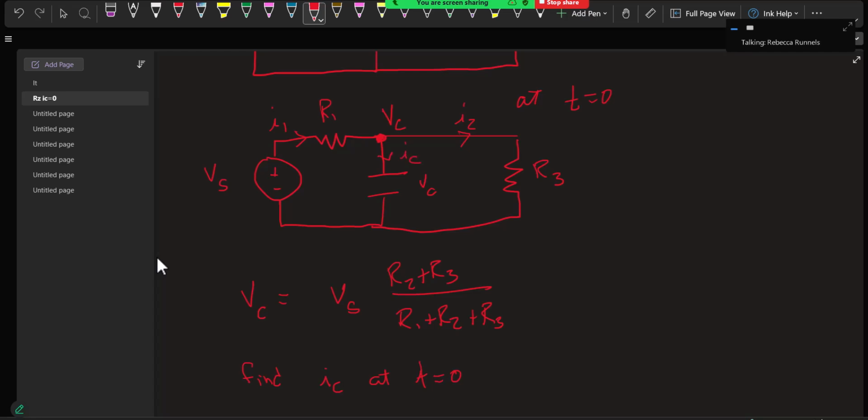Could I find I1? In general, whenever you're looking for a current, if you have a resistor and you have the voltage on either side of that resistor, then the current is going to equal VA minus VB over R. And so the current across R1 would be VS minus VC over R1.